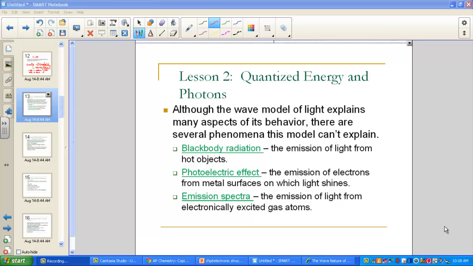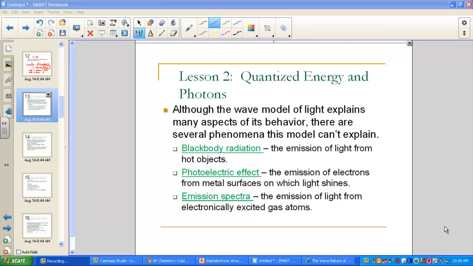The first of the three is the emission of light from hot objects, which is referred to as blackbody radiation simply because the objects being studied appear black before heating them. The second of our three phenomena is the emission of electrons from metal surfaces on which light shines.